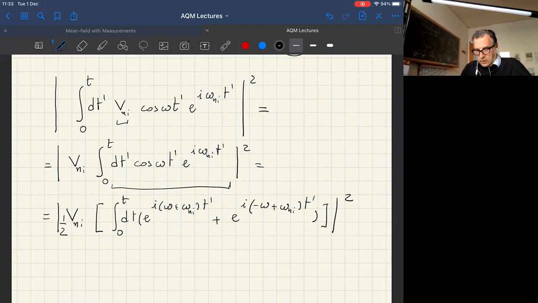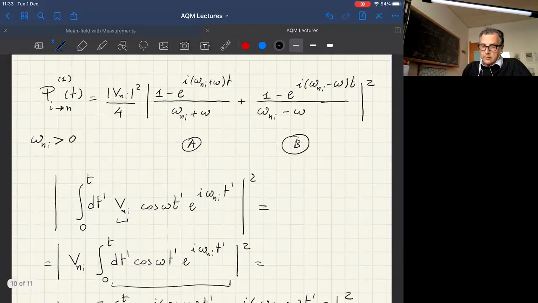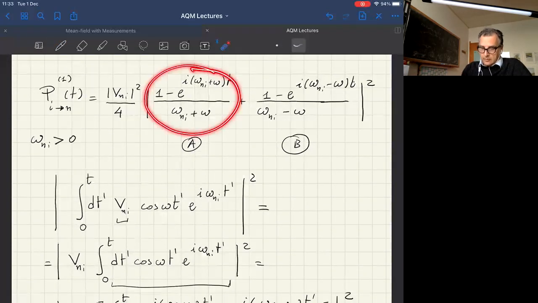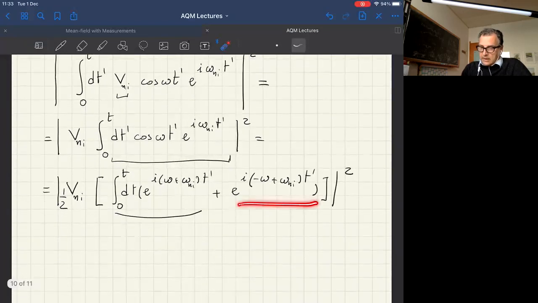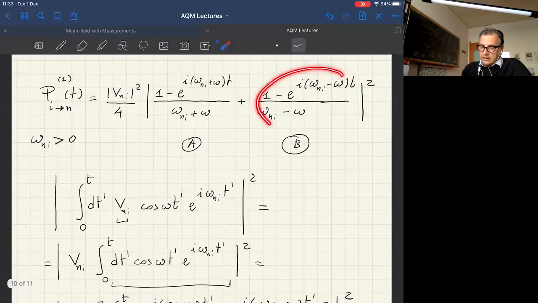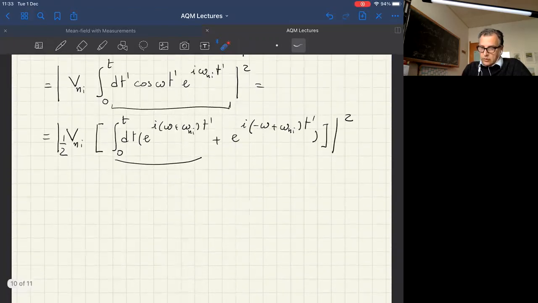So this integral is nothing else than this term here, and then I take the modulus squared.